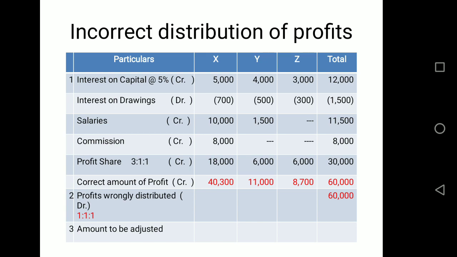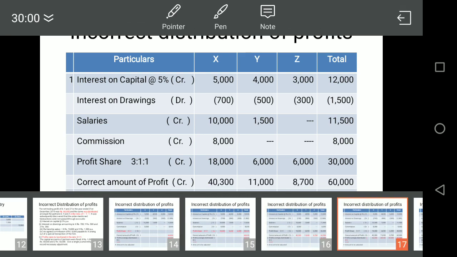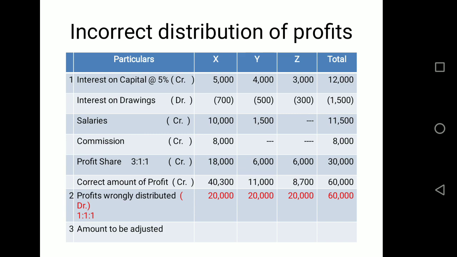Now the next step is, you have to take the complete distribution of 60,000 which was wrongly distributed in the ratio 1:1:1. So we have already given 20,000 each. That 20,000 each should be taken back, and the profits are to be given in the correct amounts as 40,300, 11,000 and 8,700. Now let's find out the difference in the same manner.